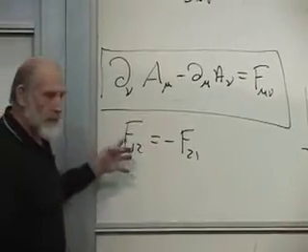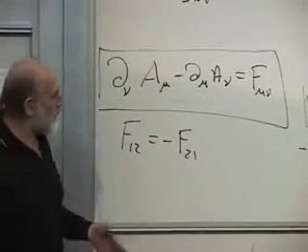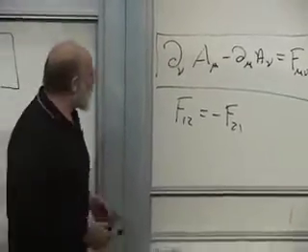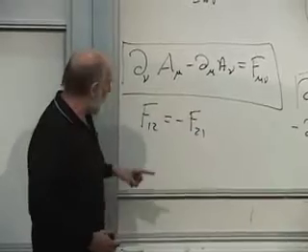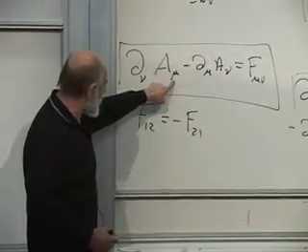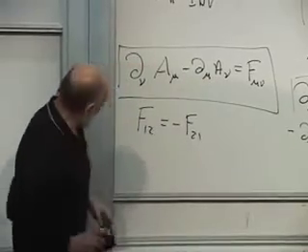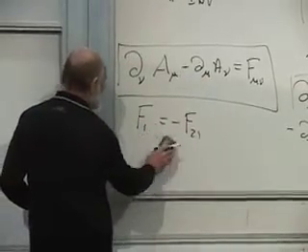It's antisymmetric. How many components of an antisymmetric matrix are there in 4 dimensions? All the diagonal components are 0. In other words, if nu and mu are the same, these 2 terms will cancel. What is F11?